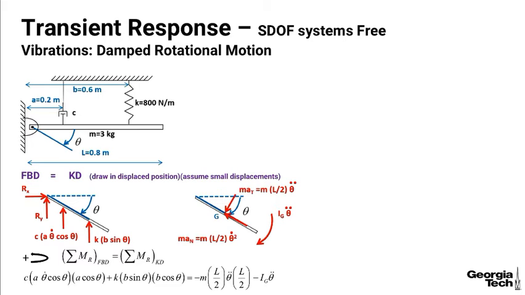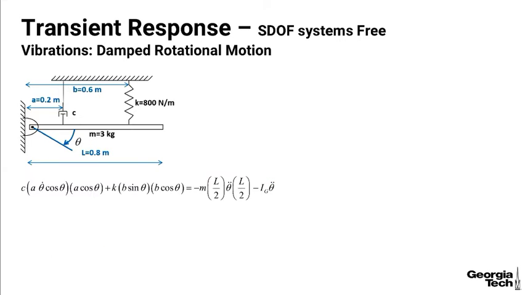Now, since we're doing small angles, cosine theta becomes 1, sine theta becomes theta, and the equation becomes linear at that point. You should be familiar by now that I sub G, the mass moment of inertia for the slender bar about its mass center, is 1/12 ml squared.